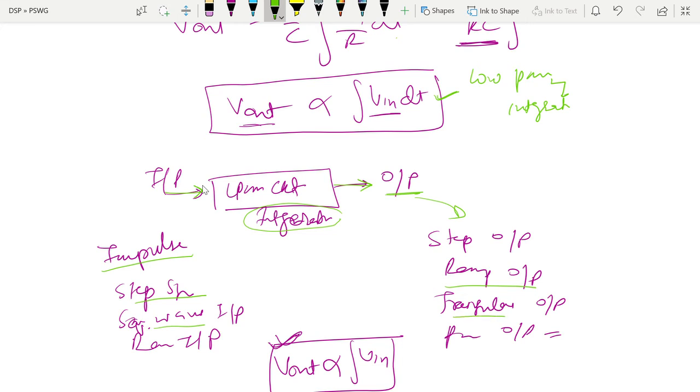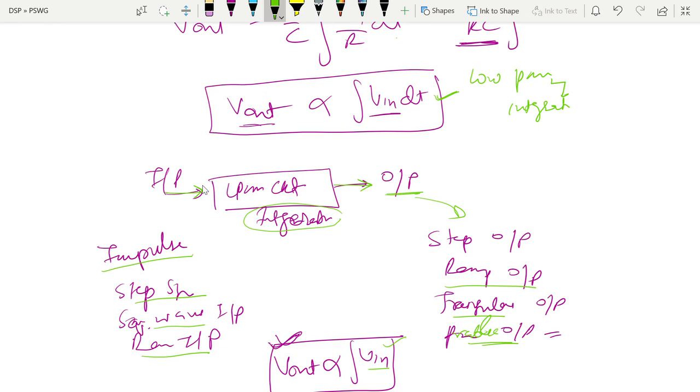In a similar way, if you give a ramp, the output will be parabolic. So whatever the input voltage is, the output will be the integration of that input.